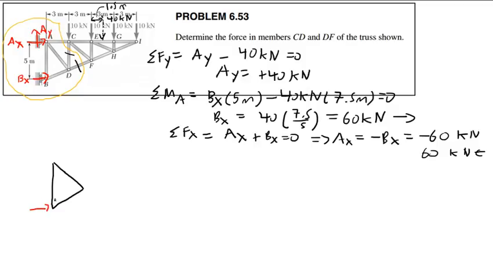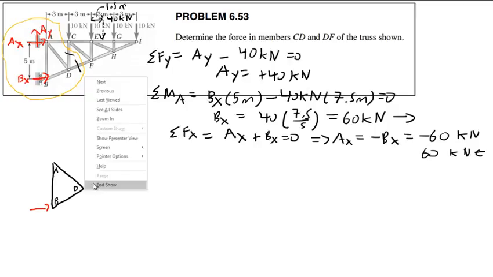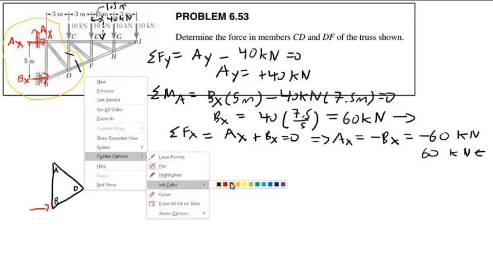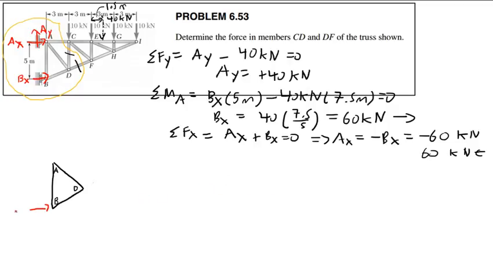I'm going to have B, D, and A. For the B, it's going to the right. I have 60 kilonewtons here.